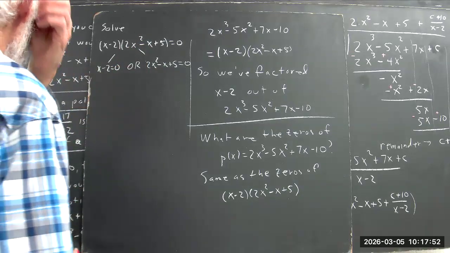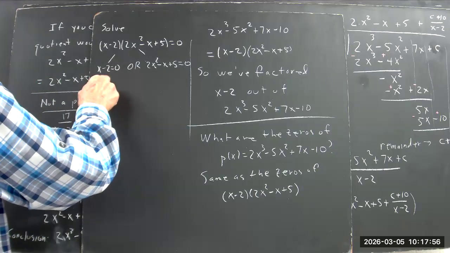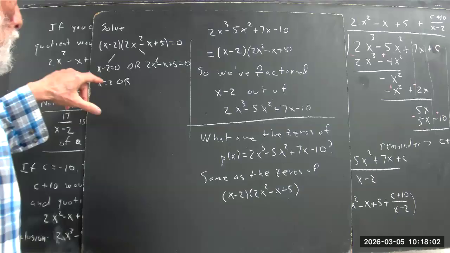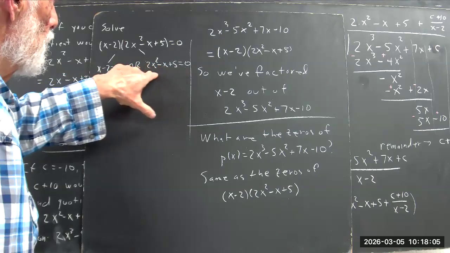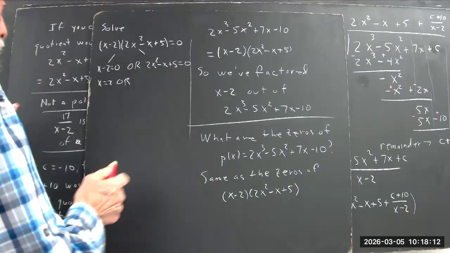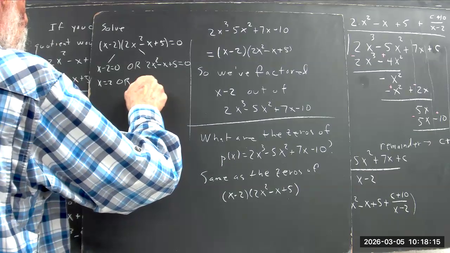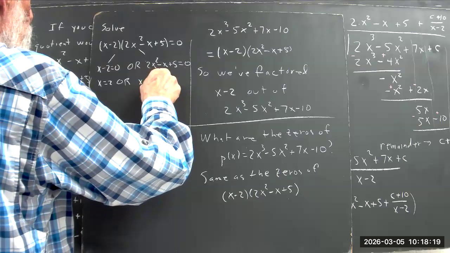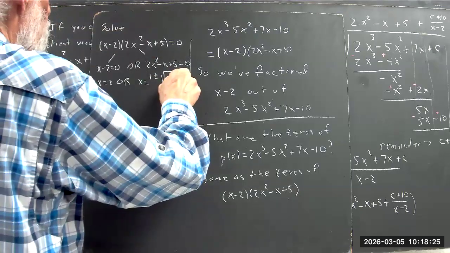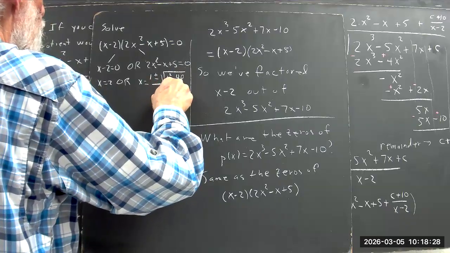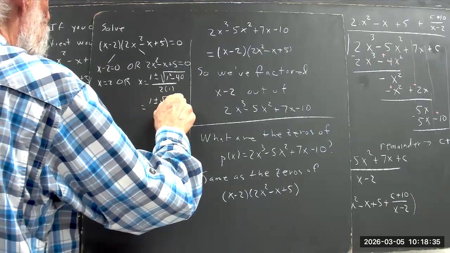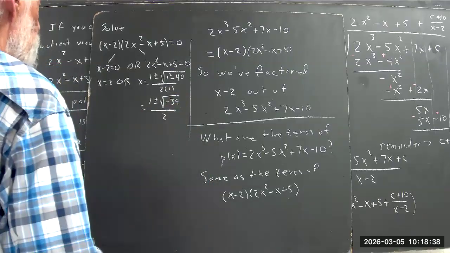x minus 2 equals 0 is easy enough to solve. We add 2 to both sides, so we get x equals 2. What are the solutions of the equation 2x squared minus x plus 5 equals 0? Well, we can use the quadratic formula. We're going to get x equals 1 plus or minus the square root of 1 squared minus 4ac, that would be 40, over 2 times 2. That's 1 plus or minus the square root of negative 39 over 4.